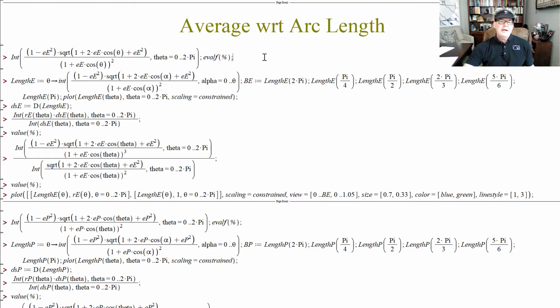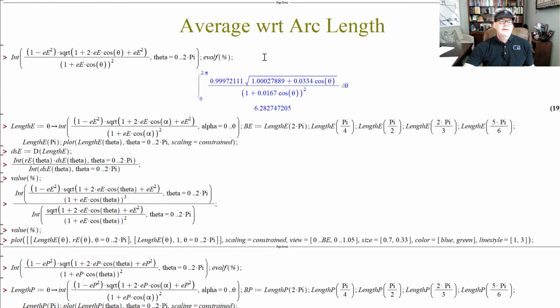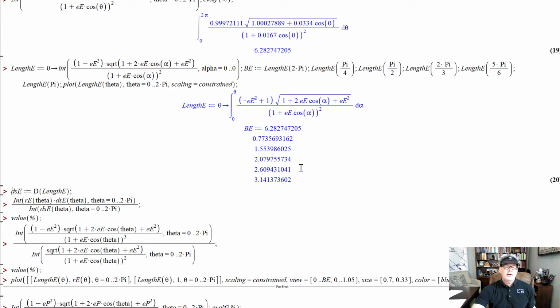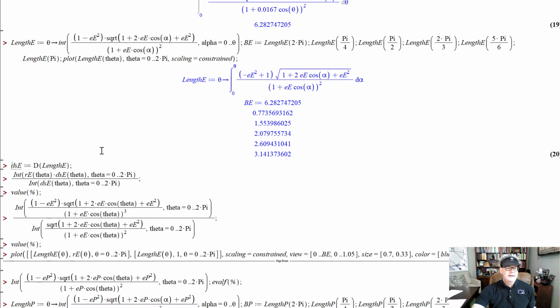If I check numerically what I just did, there's the total arc length. This one's for Earth, the arc length of the ellipse for Earth. It's a little under 2 pi. Here's the arc length function. So I did this two different ways. I did it with the ds, so I can integrate r ds and divide by the integral of ds.